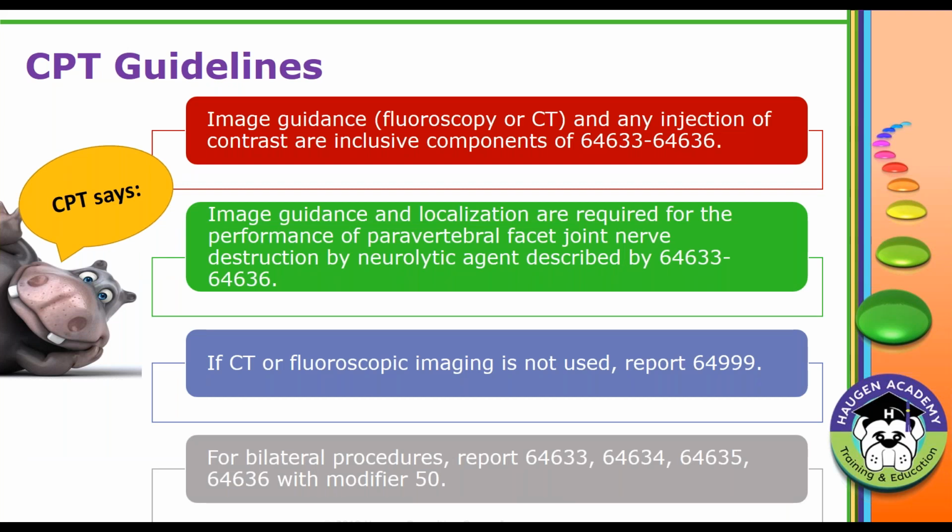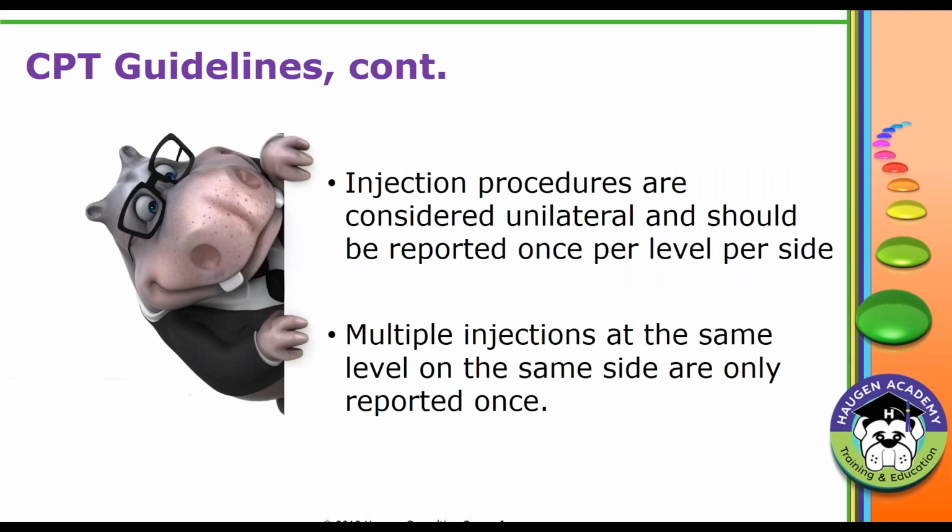Image guidance and localization is required for paravertebral facet joint nerve destruction by neurolytic agents. If CT or fluoroscopic imaging is not used, you have to go to an unlisted code, 64999. If it's bilateral, you can report with modifier 50. Again, these are just guidelines that CPT gives us for these procedures.